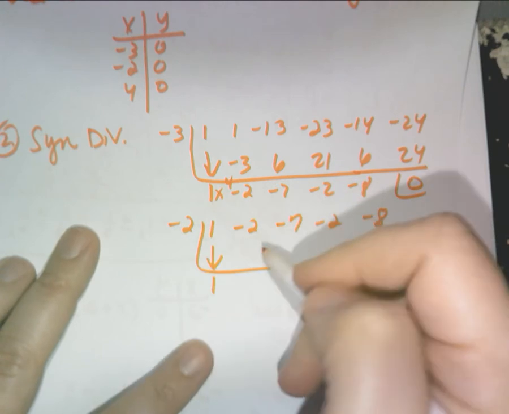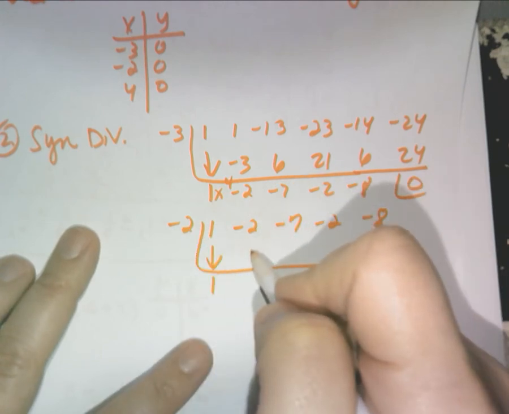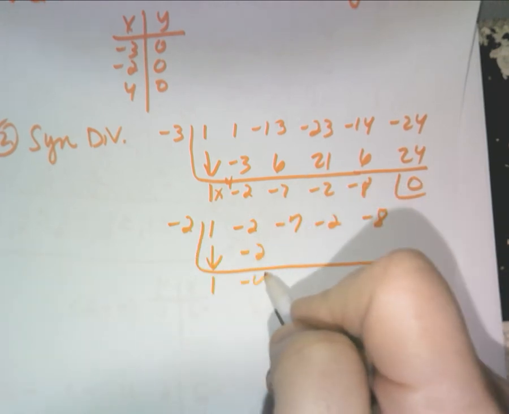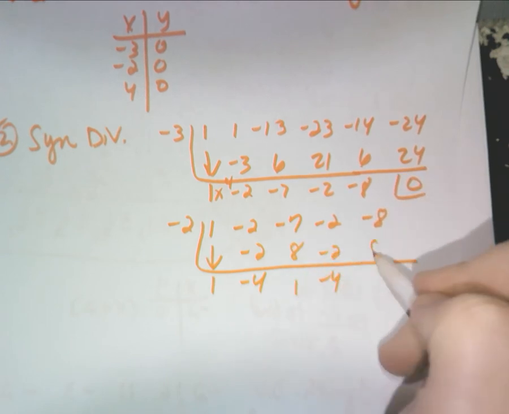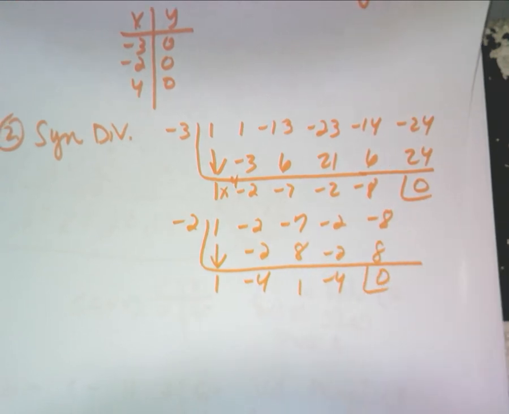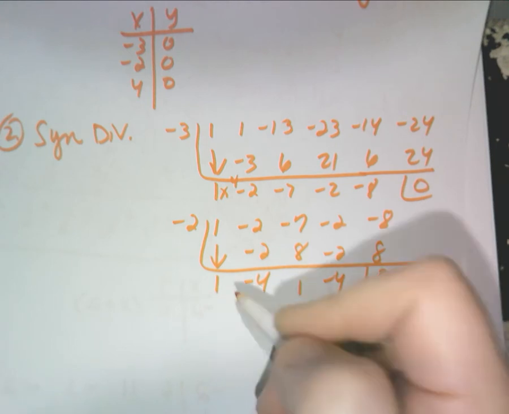So I do the depression again. And I end up getting 1, -4, 1, -4, 0. This is now a polynomial of degree 3. Still not there. I want to get it down to a quadratic because quadratics I know how to do really well.